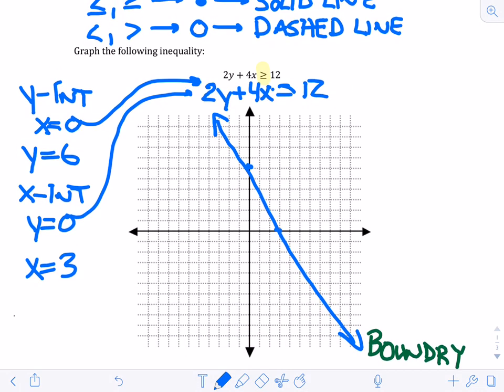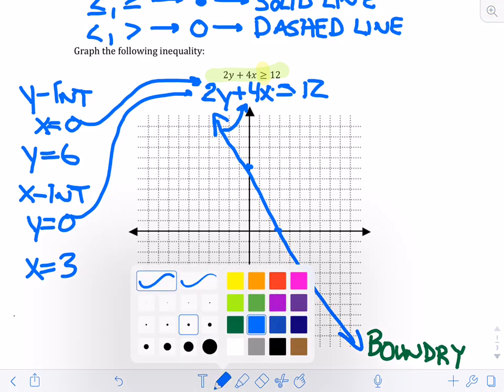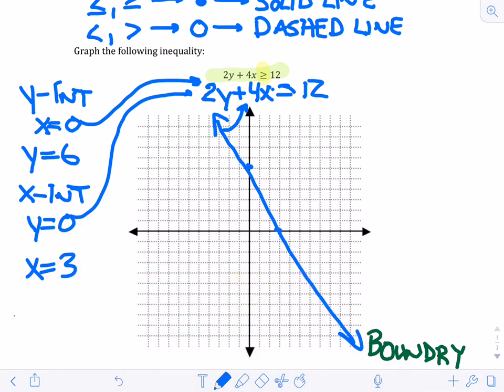So now, if we were to just plot this line with 2y plus 4x is equal to 12, we have found all of the solutions that make this true. However, we want to make this inequality true. So we're going to have a lot more points that will do that. So how do we know what points are included and what points aren't?